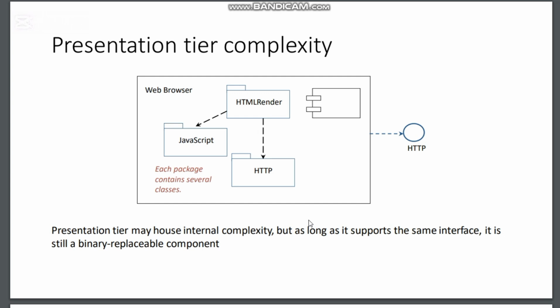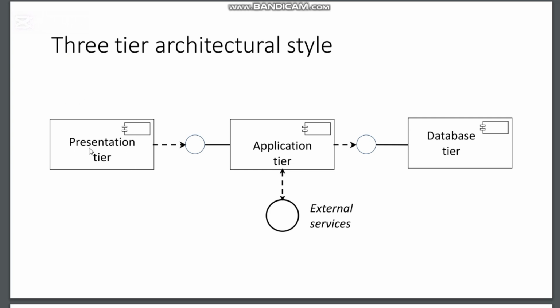Now we have the presentation tier. This is basically the web browser, and this is the dependency. Let me explain, this is the presentation tier complexity. This is the presentation tier, and this is the web browser as we saw in earlier slides, and this is HTTP, which is an interface for the application tier, and it has a dependency on this HTTP.